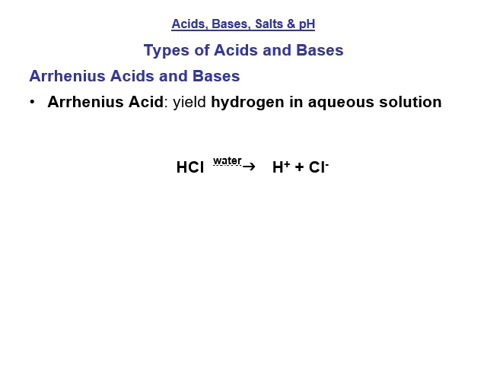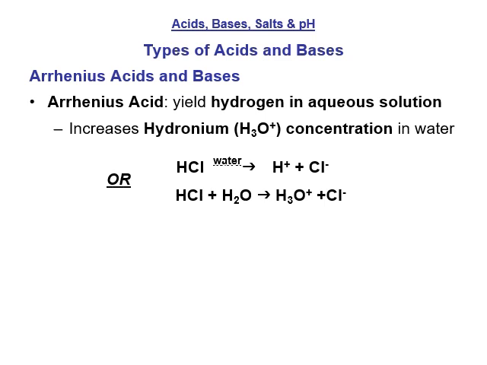Another way of describing this is an Arrhenius acid is anything that increases the hydronium concentration in water. So when this hydrochloric acid dissociates, that hydrogen is not just going to sit by itself. It's going to attach itself to unpaired electrons in a water molecule. So this is water, and that oxygen has unpaired electrons here.